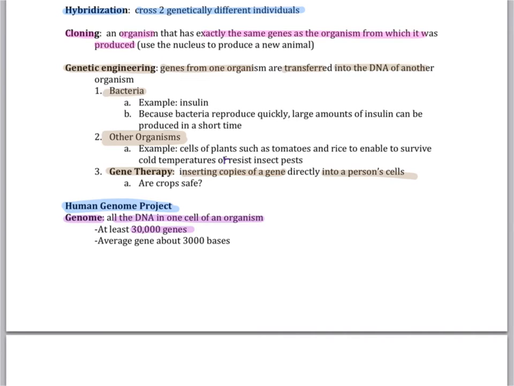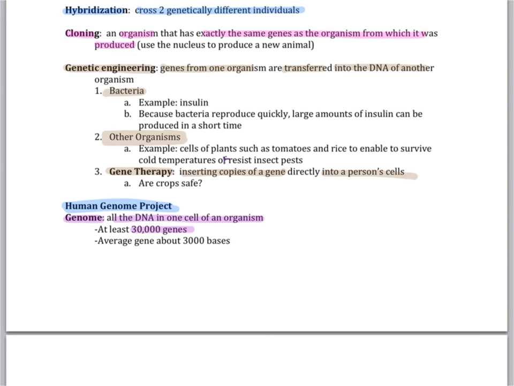Finally, as scientists have learned more about genetics, scientists have been able to begin doing something called genetic engineering. In this process, genes from one organism are transferred into the DNA of another organism.